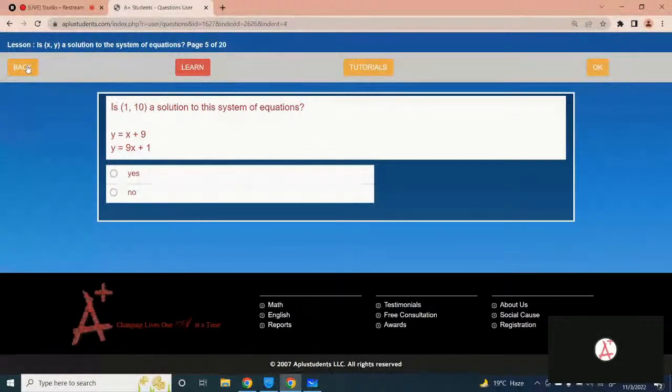Okay, the next topic is finding the number of solutions to a system of equations.